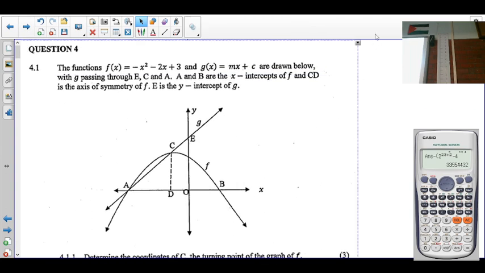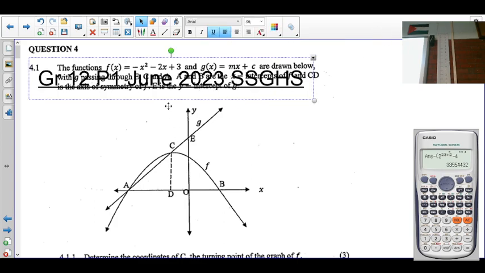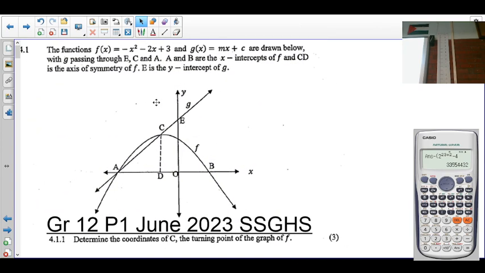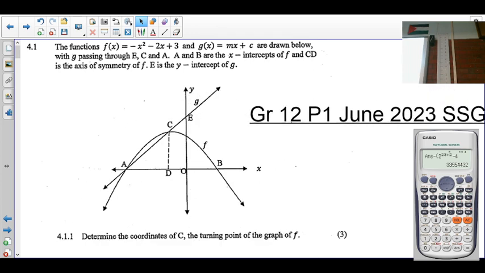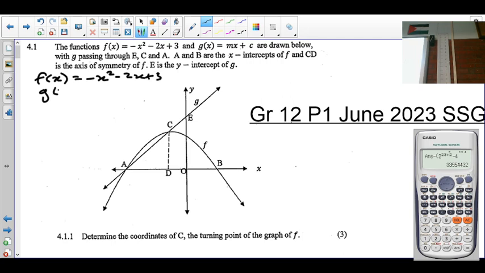Question 4. In question 4.1, we are told that the function f of x equals negative x squared minus 2x plus 3, and g of x is equal to mx plus c, are drawn below, with g passing through E, C, and A. Okay?